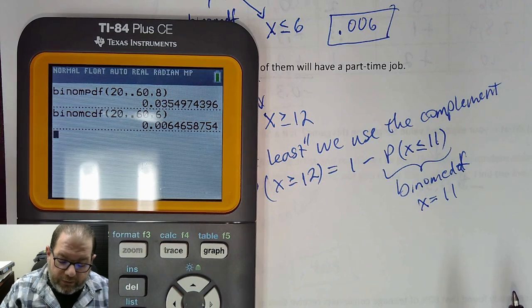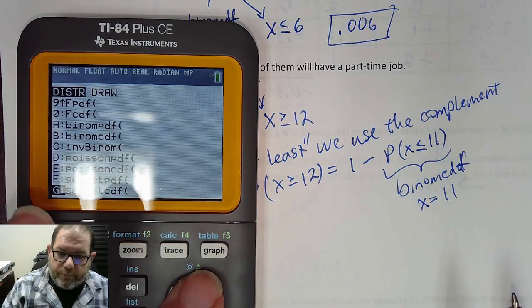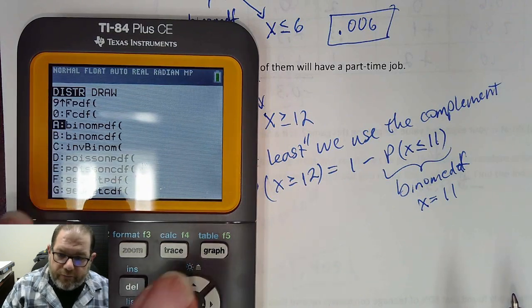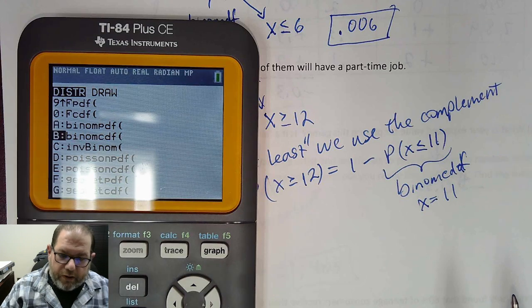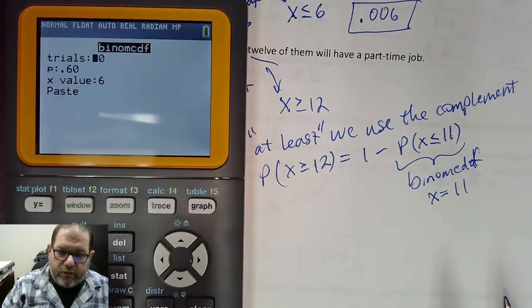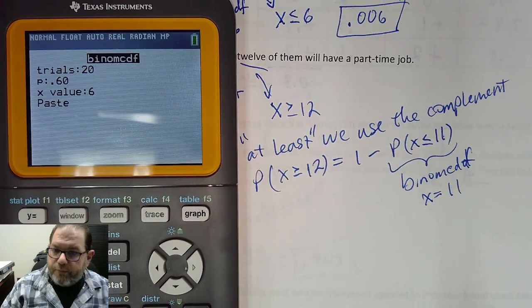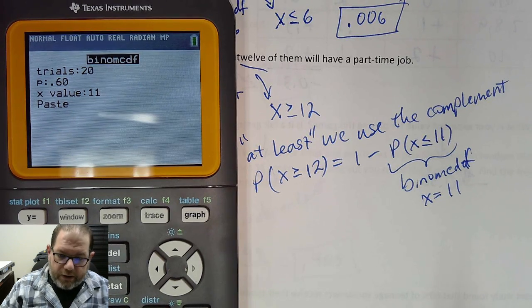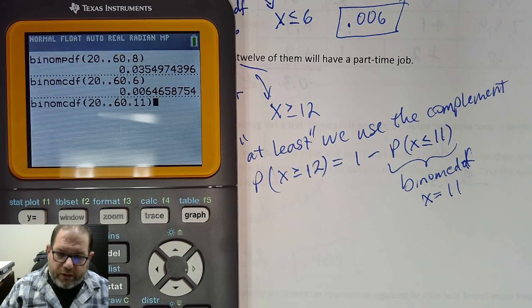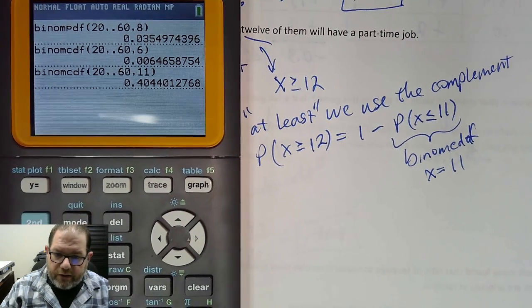So we go back, second vars, and we want binomial CDF right there. Enter. So we have 20 trials. Probability of success is 0.6. And now we'll enter 11 for x value and paste it. And so that calculates that value as 0.404.